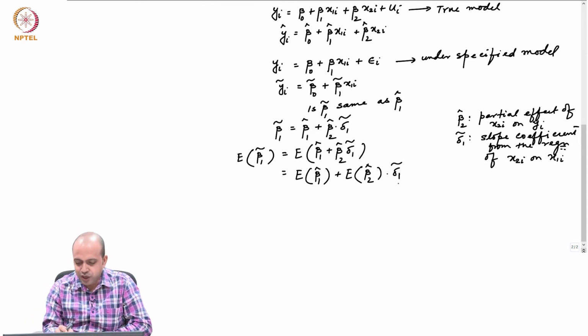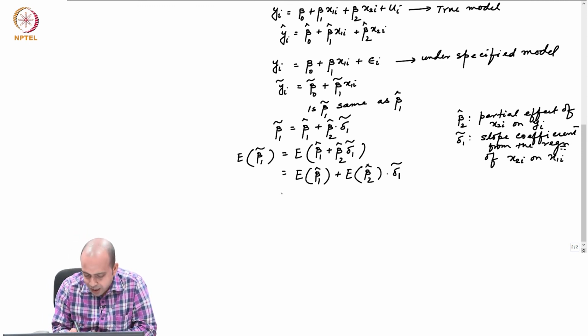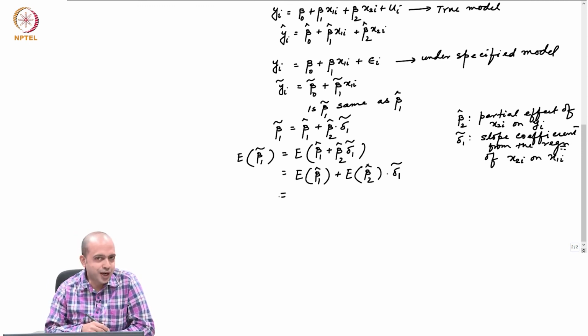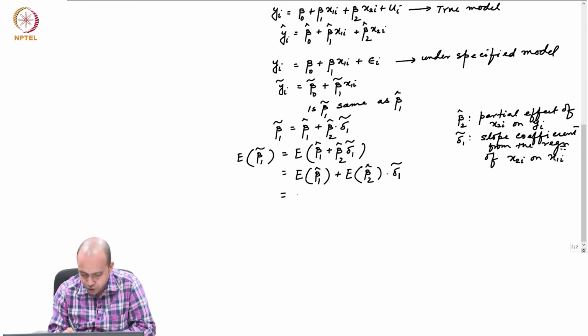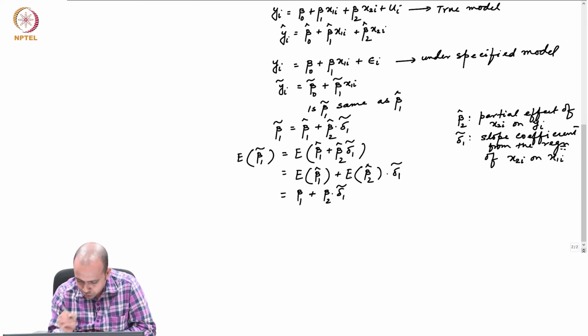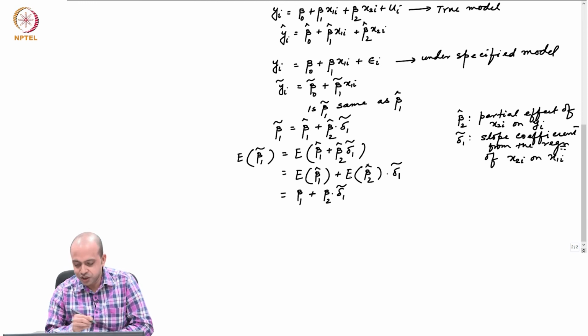That is why it becomes expectation of beta 2 hat into this. Assuming that beta 1 hat is an unbiased estimate of beta 1 and beta 2 hat is an unbiased estimate of beta 2, what can we write? This becomes beta 1 plus beta 2 into this. Then what is the bias?